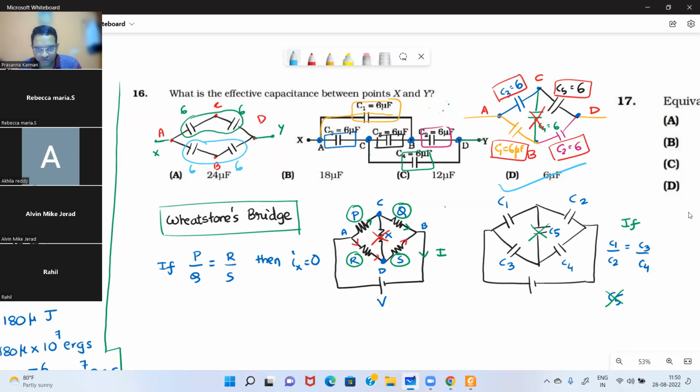The way the circuit is drawn, if you just redraw it, then you will understand it is a Wheatstone's network. Just by looking at it, you may not be able to guess that it is Wheatstone's bridge. But if you just redraw it, you will be able to get it. Once you have taken it down completely and understood it, then we'll proceed to the next one. How I am redrawing the circuit, is that clear to you?